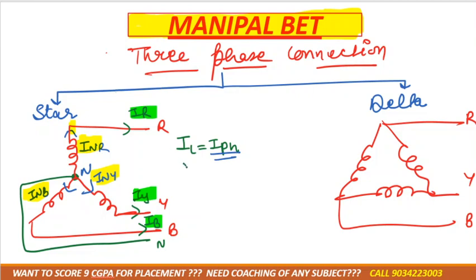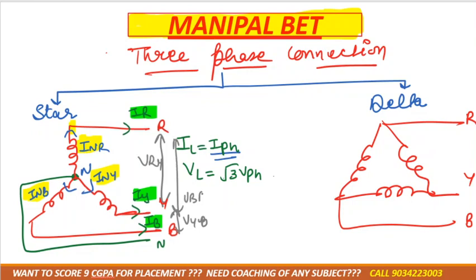Okay. Now the next relationship is VL equals root 3 VPH, that is, line voltage must be equal to root 3 times the phase voltage. What is line voltage over here? The voltage between the plain lines: VRY, VYB and VBR. Correct? These are the line voltages.